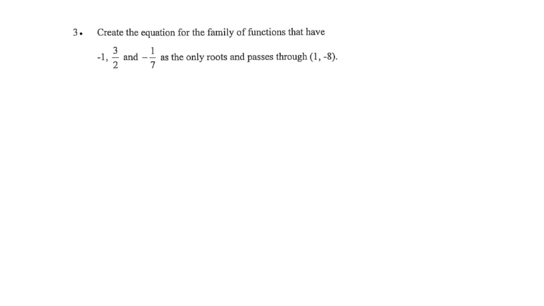And then, once you've dealt the family, now make it very specific and make it pass through that point. We'll see if we get down to the same thing at the very end. We'll see if we match up. Okay, I want you to pause the video now.